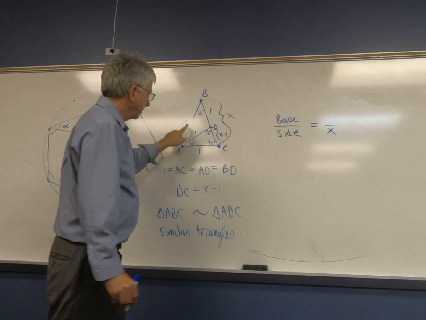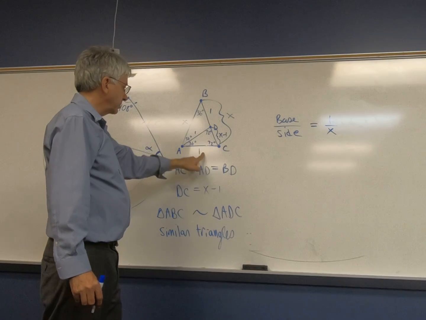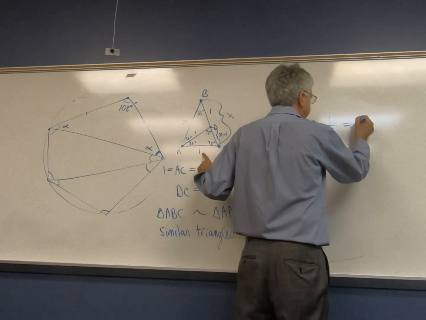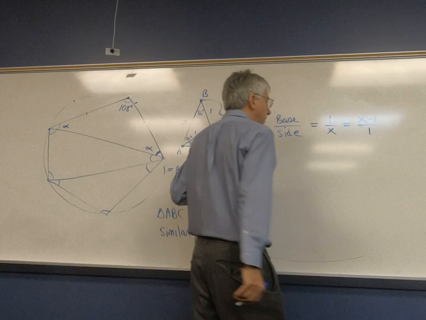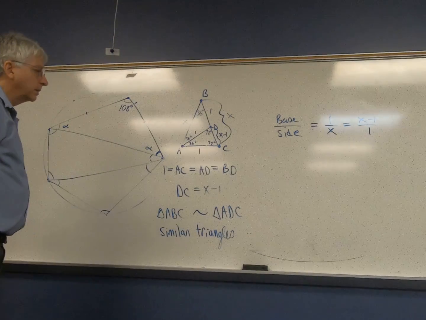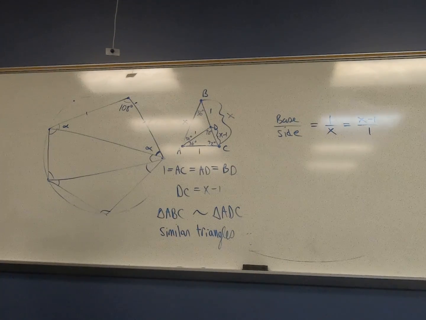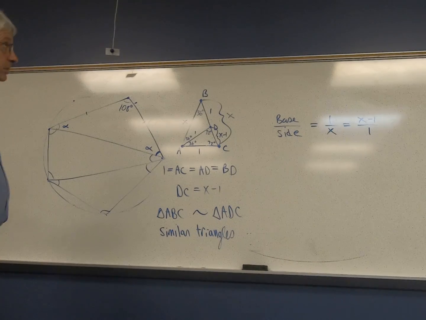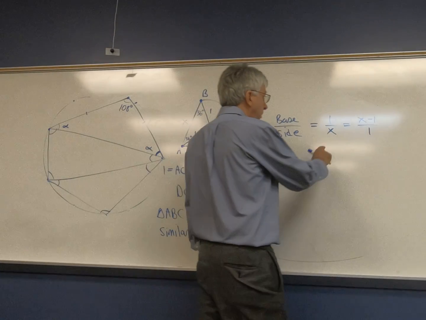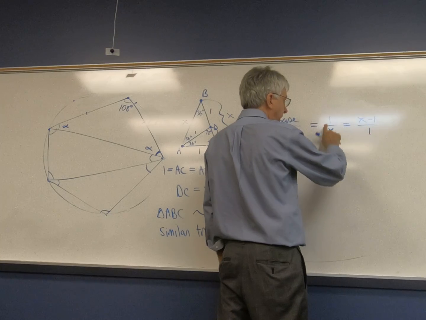So for the little one, the base is x minus 1, and the side is 1, right? So there's my proportion. And what does that allow me to do? I can now solve for x, right? This is an equation. What kind of equation is this?